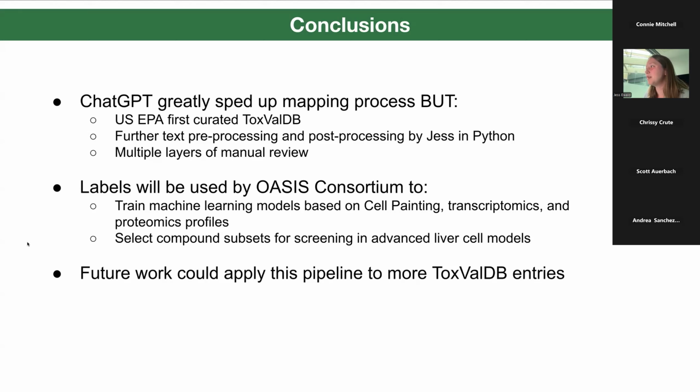For example, if an advanced liver model is designed specifically to detect toxicity that involves two specific cell types, we should be able to use these more curated labels to pick the exact compounds that we want to look at, based on all of this prior toxicity testing data. And this pipeline didn't take that much effort, so I think it might be worthwhile to apply this to more categories of entries or for more compounds than just the OASIS list.